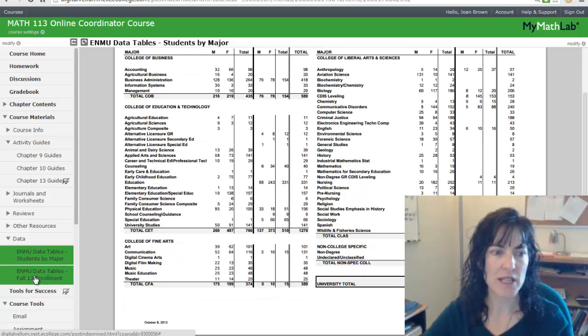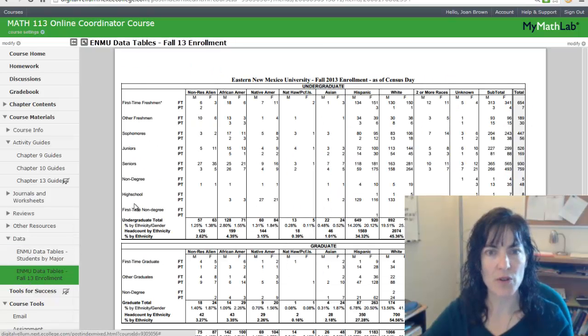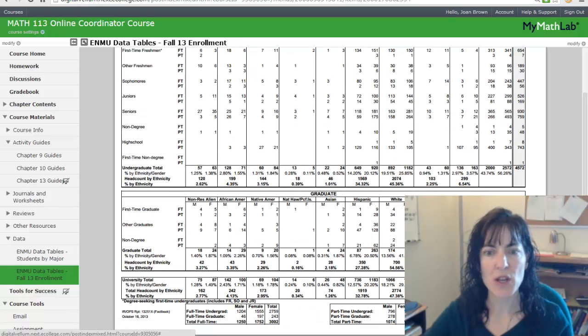Now we have another data table you can see here, and that is the fall 2013 enrollment as of census day again. This is giving us the different categories of students: freshmen, sophomores, juniors, seniors, etc. And then it's telling you the ethnicities for the undergraduates and then for the graduate students. So we have them by male and female as well.